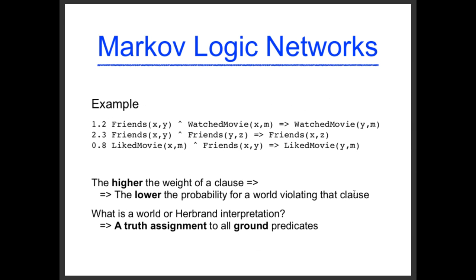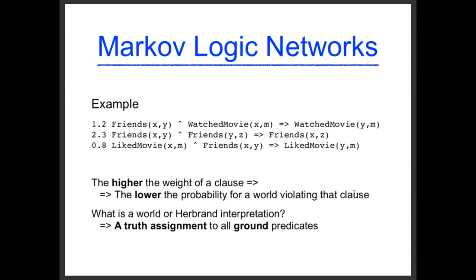So this is an example. You have the predicate friends, so X and Y are friends, and you know that X watched the movie M, okay? Then maybe also Y watched the movie M, okay? This is clearly not always true.